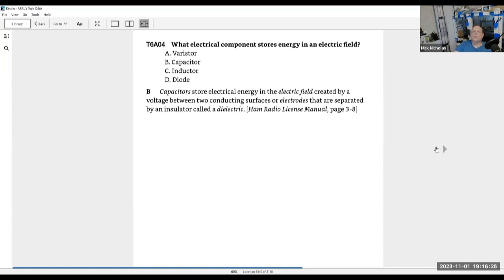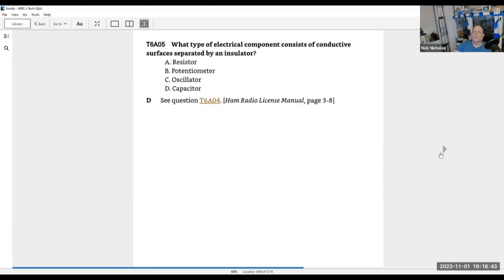What electrical component stores energy in an electric field? We covered this before. Energy stored in an electric field is capacitance, and the things that store capacitance are capacitors. So the answer is B. What type of electrical component consists of conductive surfaces separated by an insulator?